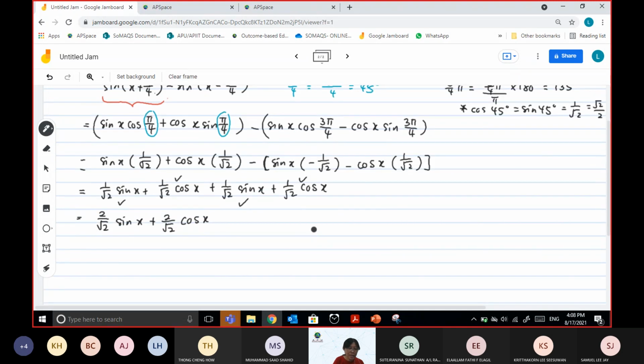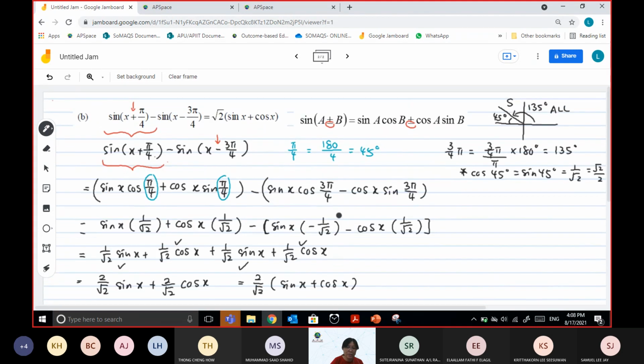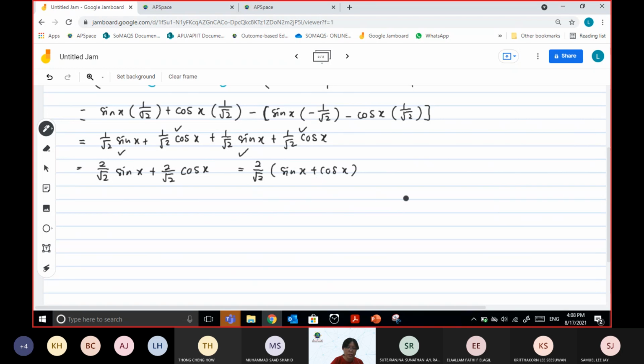Okay, so now this is common, so we factorize out the common value. Can you see outside of the bracket, the one that we need to show is square root of 2. So what can we do? We can multiply this by square root of 2 over square root of 2.